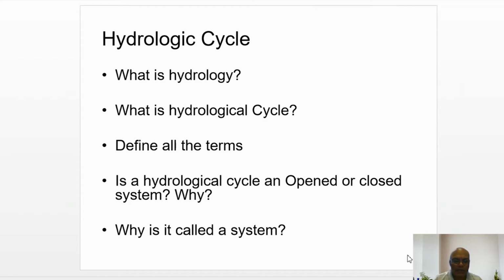Now let us define the terms. Before that, the hydrological cycle. What is the hydrological cycle? The hydrological cycle is a continuous circulation of water on planet Earth from land to atmosphere and atmosphere back to land and oceans, and again from oceans and land back to the atmosphere.